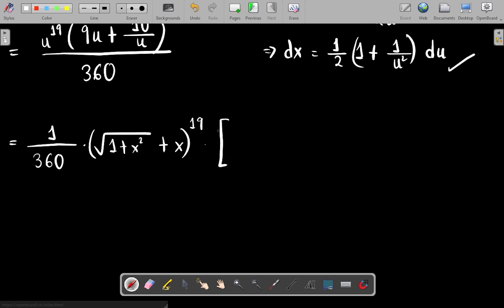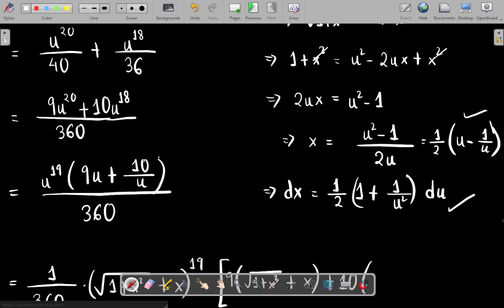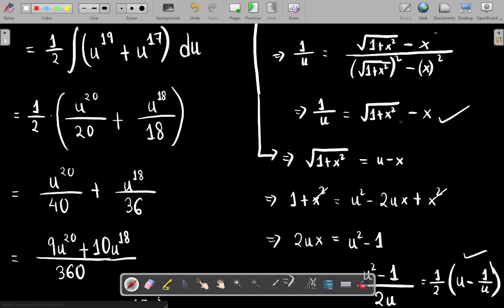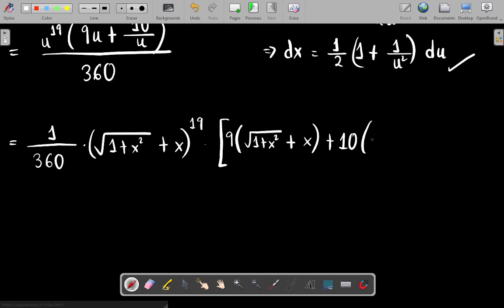Okay, now we have this 9u, which is 9 times the square root of 1 plus x square plus x, plus 10 times 1 by u, right? What was 1 by u? 1 by u was this negative term, the conjugate term, so this becomes square root of 1 plus x square minus x.